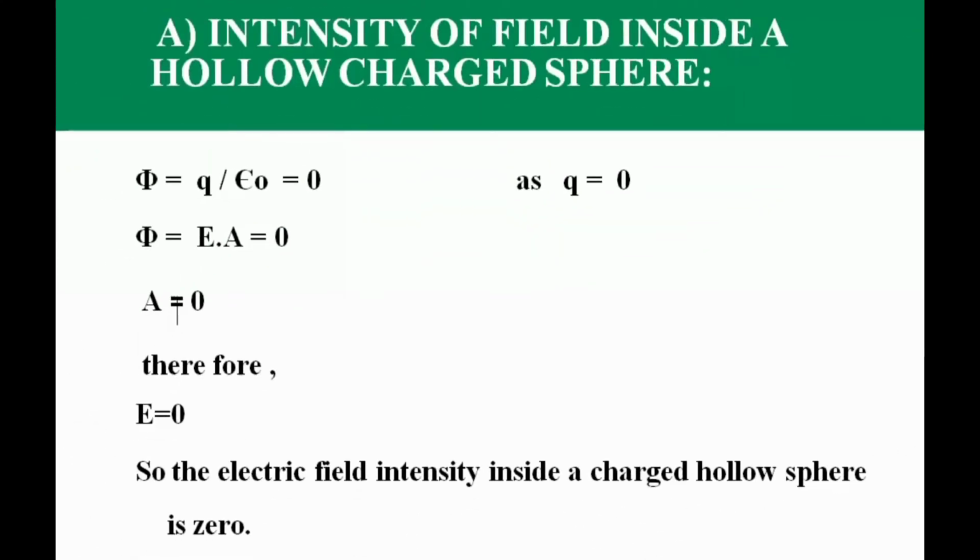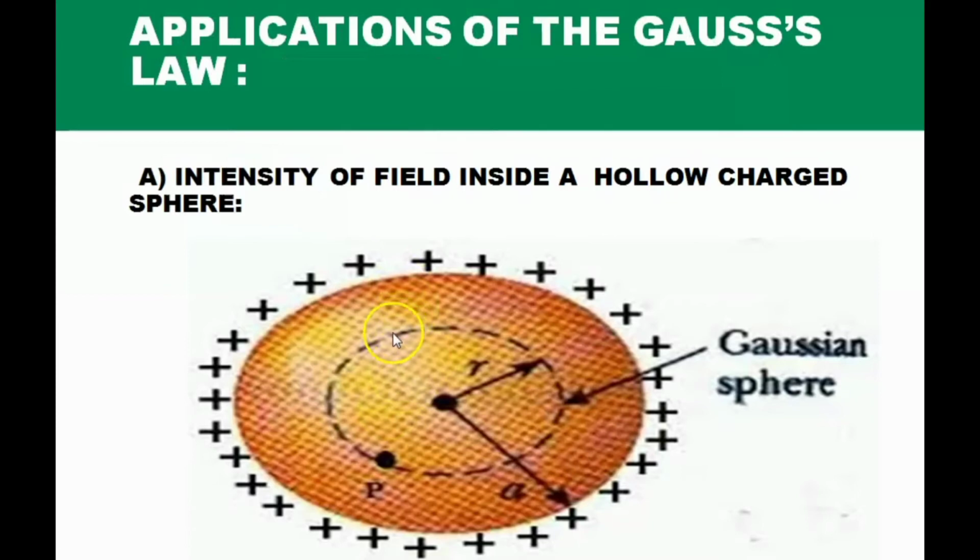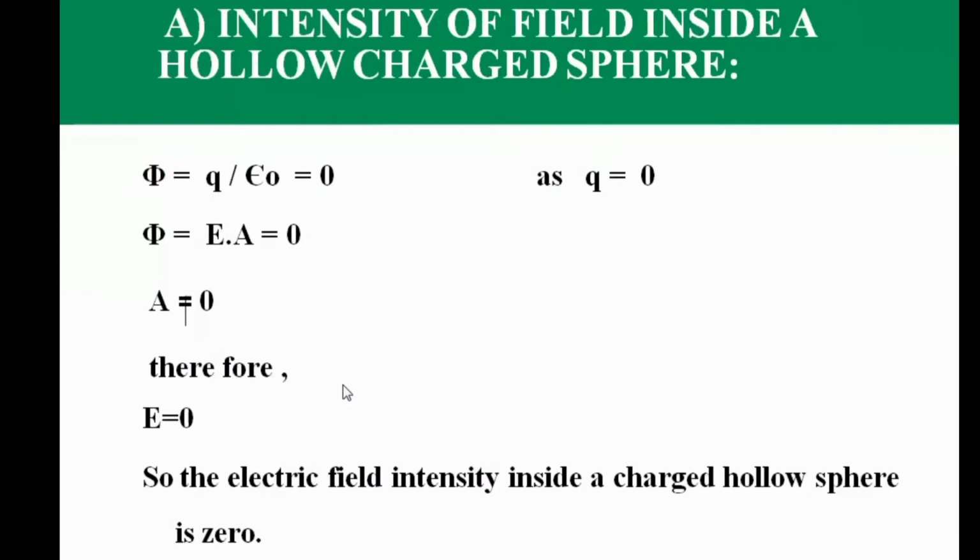Now, in order to find out the intensity on the surface of this Gaussian sphere, first of all, we will find out the flux through this Gaussian surface. Now, the formula of flux is equal to Q upon epsilon naught. Q is the charge enclosed by the surface.